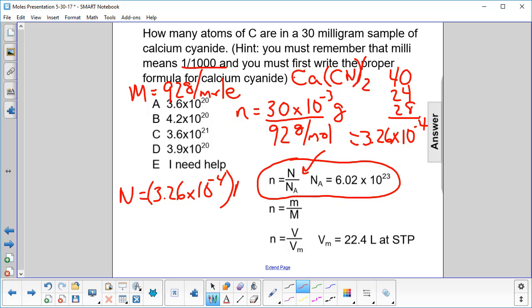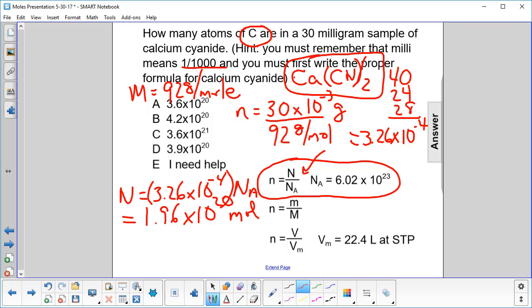And then we multiply that by Avogadro's number, and we get a number of molecules of 1.96 times 10 to the 20th. Now you don't see that number in the multiple choice. Why? That's the number of molecules of calcium cyanide. We want to try and find out how many atoms of carbon.